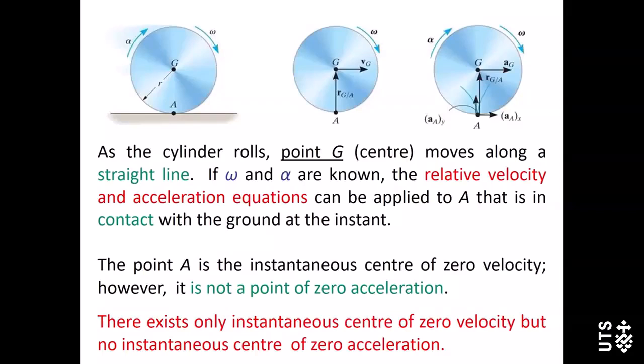And when we studied relative acceleration analysis, we know we have only one equation. In these equations, we need two selected points. We already know these two selected points can be the circle center point G in this diagram and the contact point A.